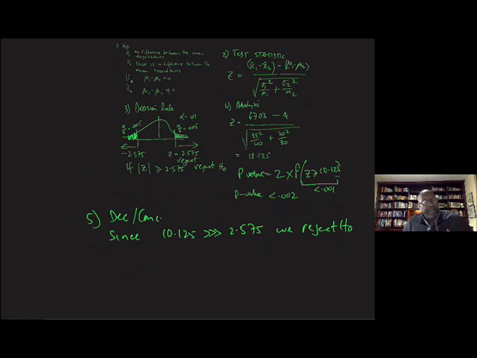If we were applying the p-value rule, we would also reject the null hypothesis, because the p-value is less than 0.002, and our alpha value is 0.01. So we reject the null hypothesis.